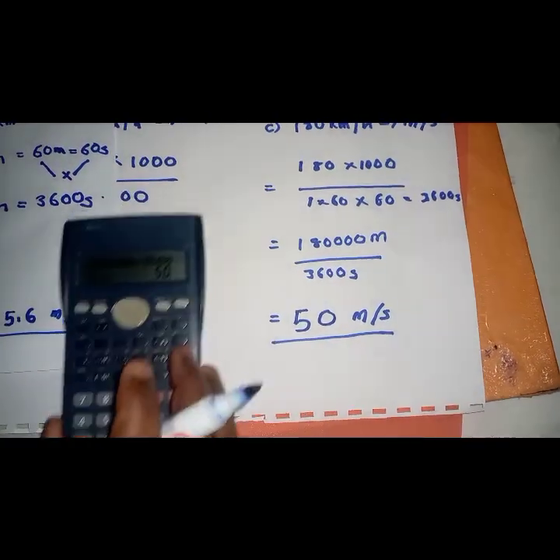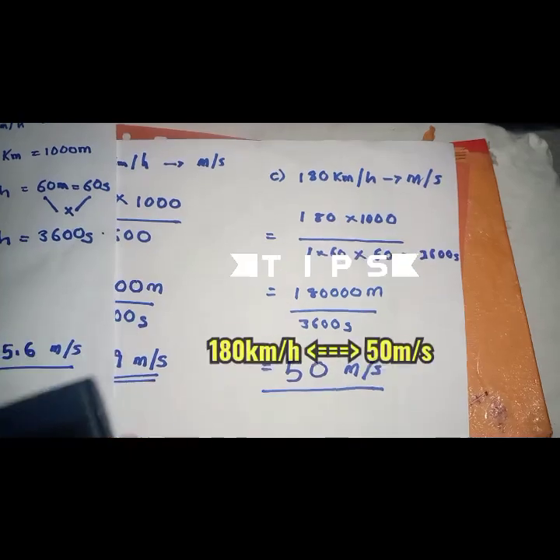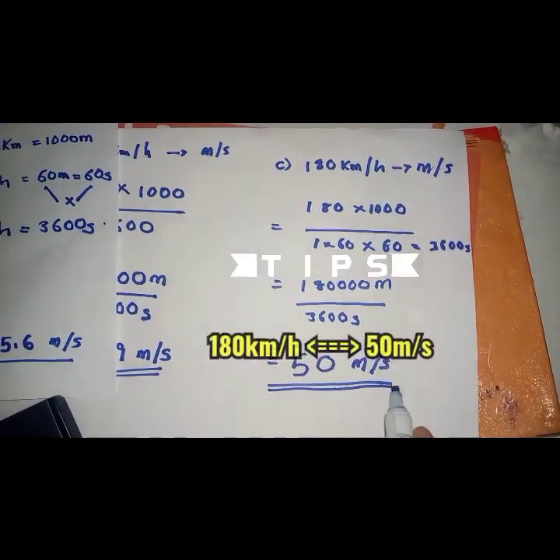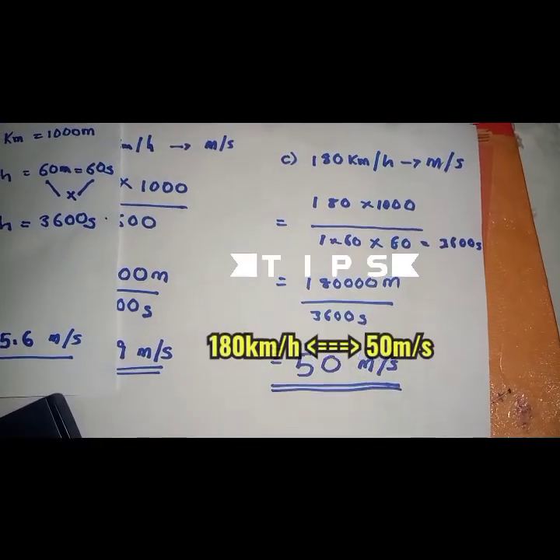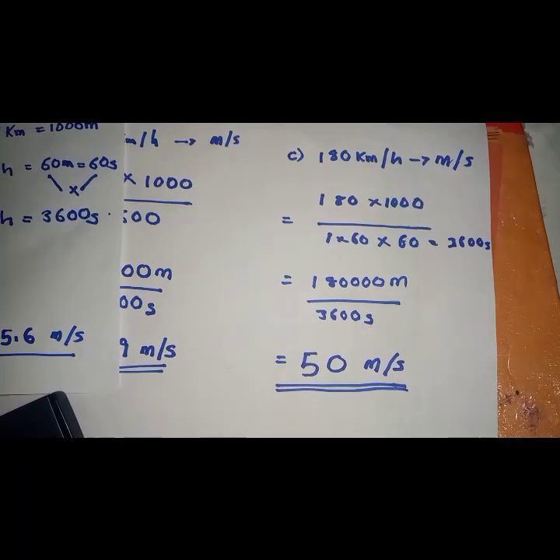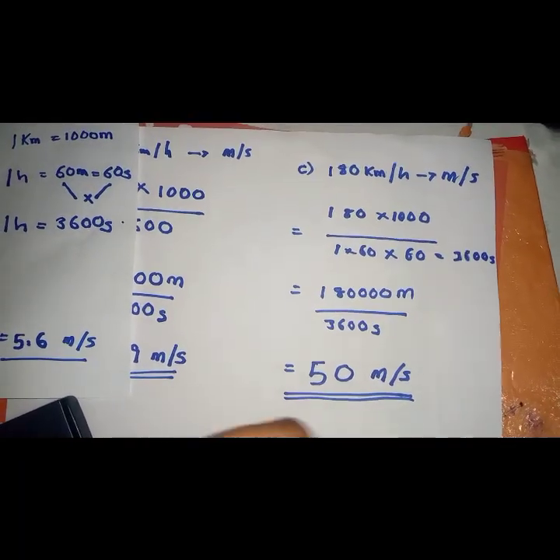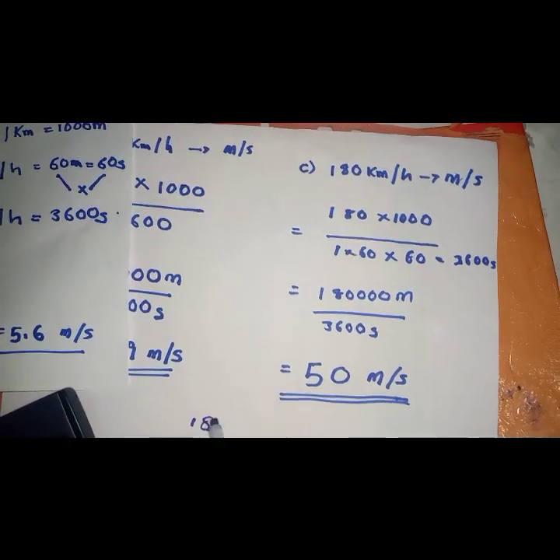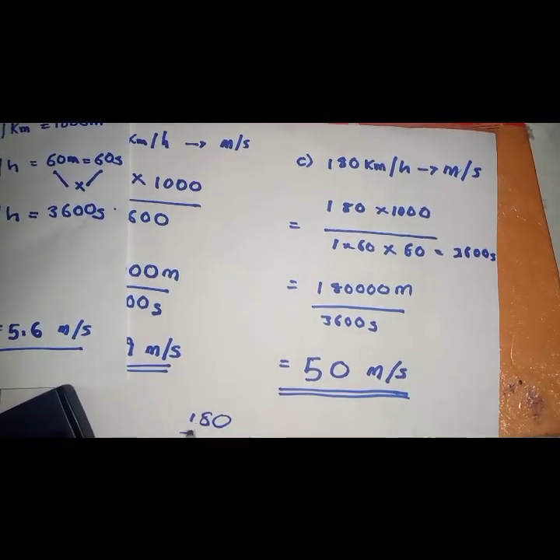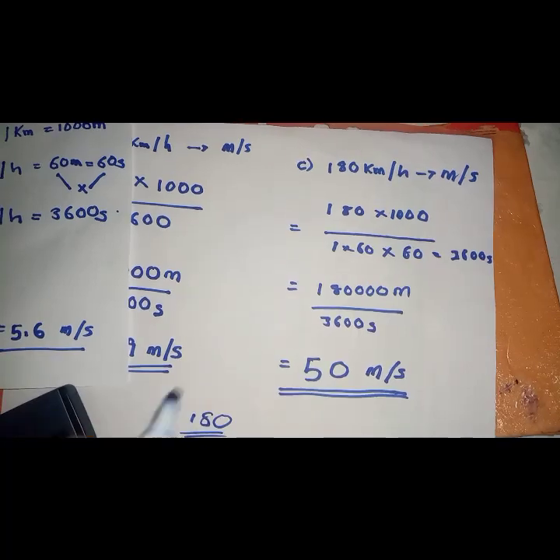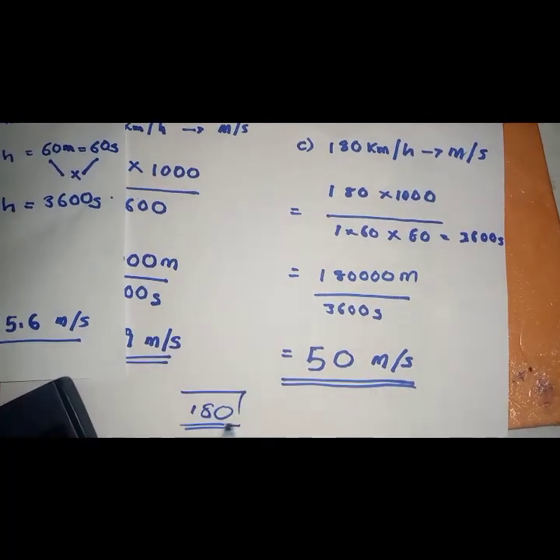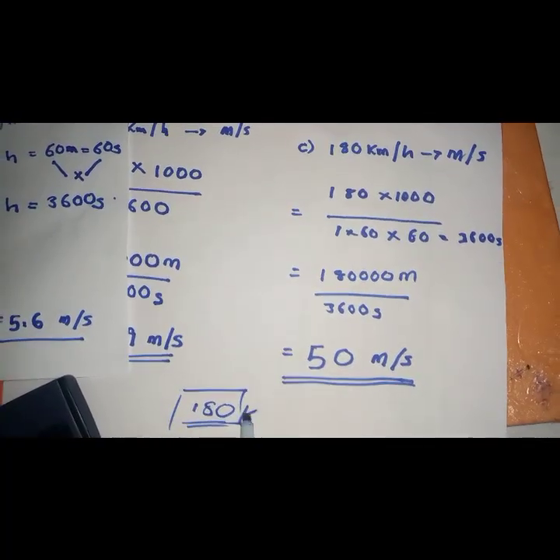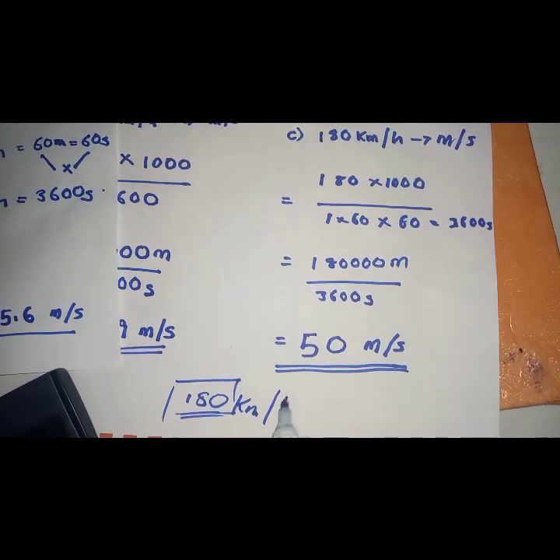50. Wow. You know what? This is so fascinating. Most of the cars that I've seen, they've got a speed limit of 180. What I mean by speed limit, I mean their speedometer ends at 180 kilometers per hour.